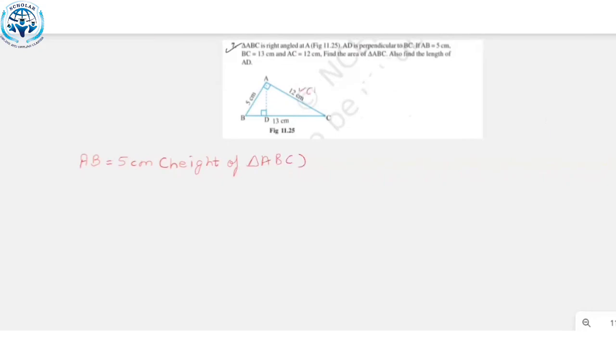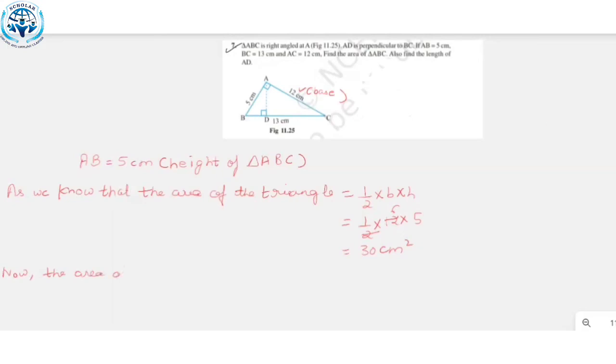The triangle is right angled at A. Base is 12 centimeter. Area of the triangle will be 30 centimeter square.